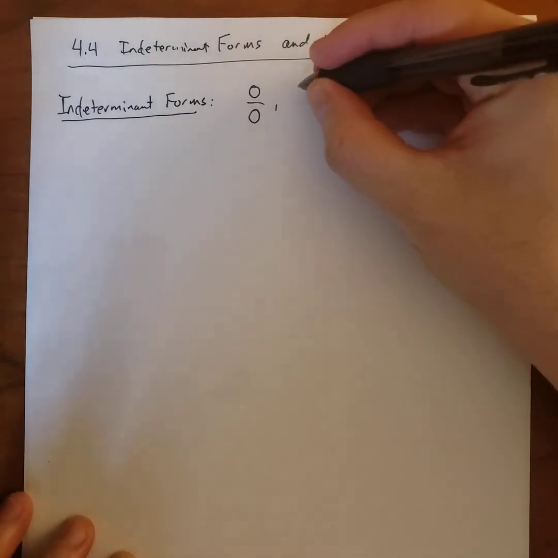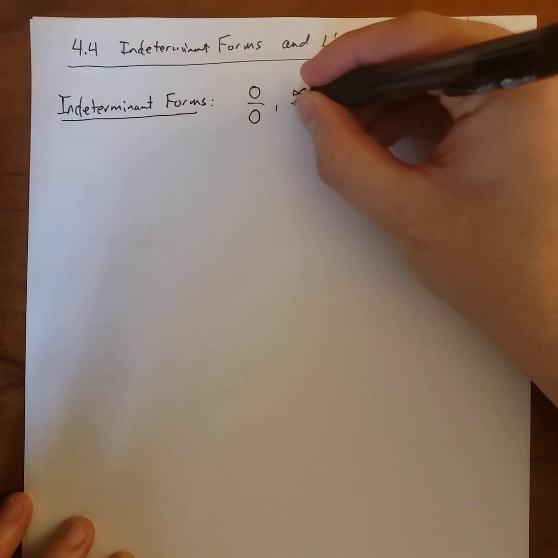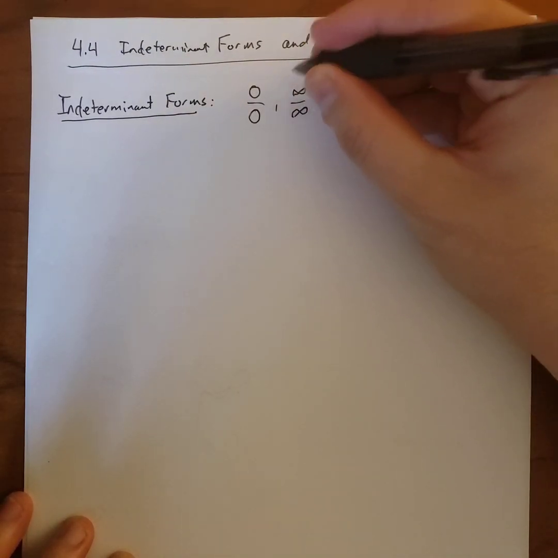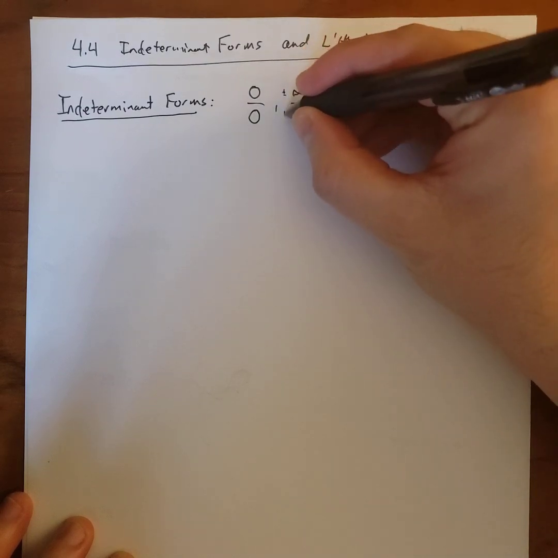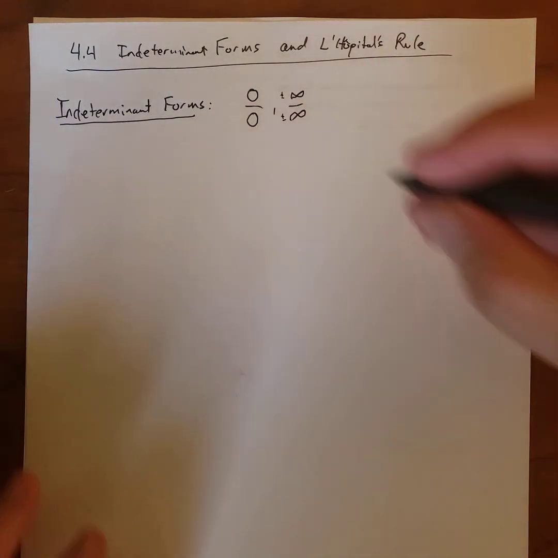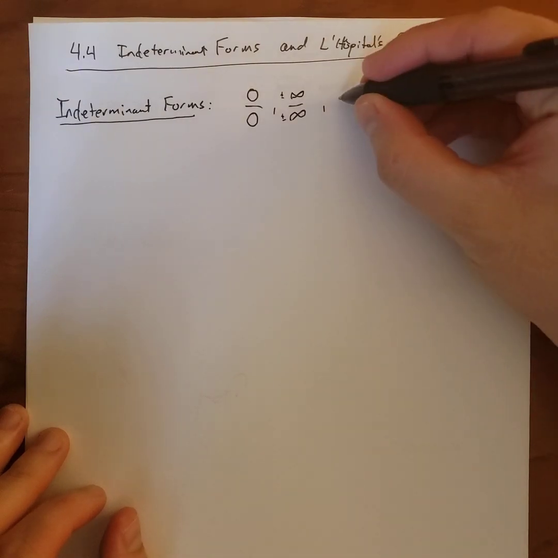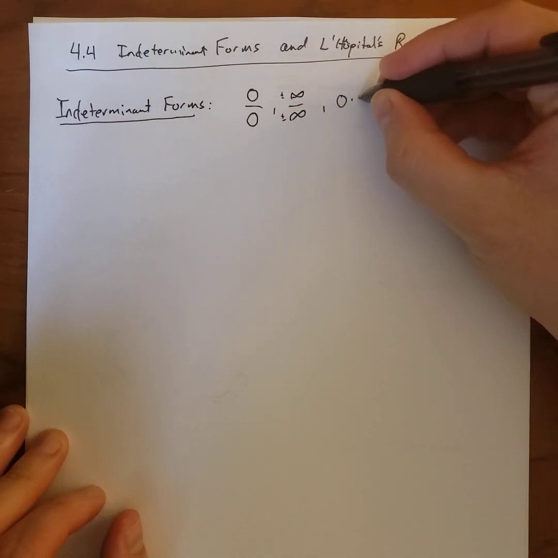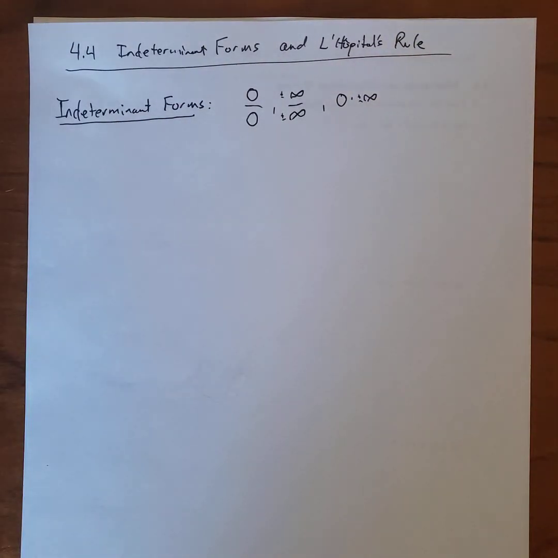If the top and bottom go to infinity, and this could be plus or minus infinity, that's also an indeterminate form. And those are the two main ones for L'Hopital's rule. But there's quite a few other ones as well. If you multiply 0 by infinity, and again, that could be plus or minus infinity, then that's another indeterminate form.